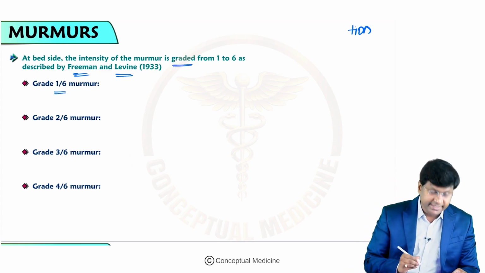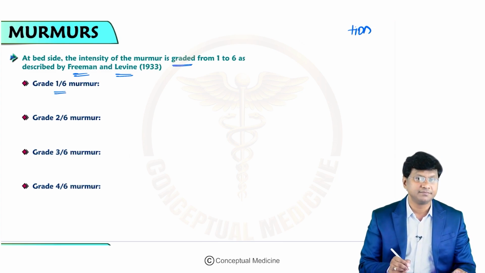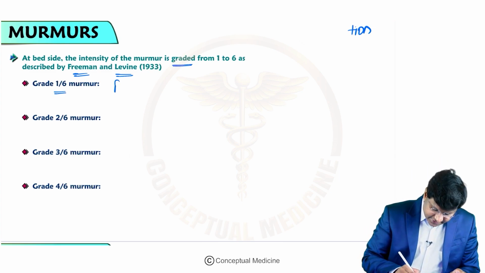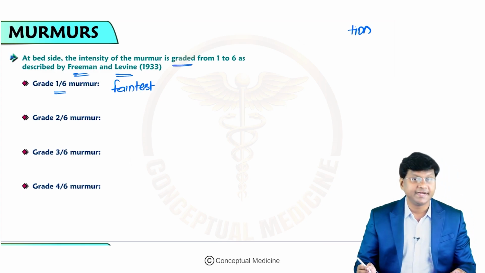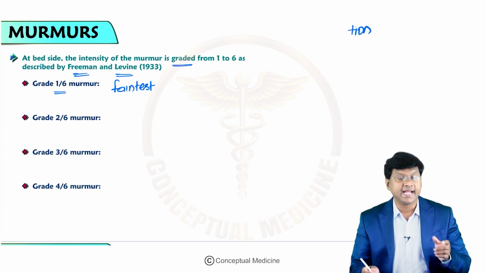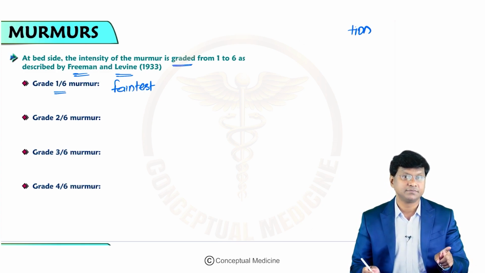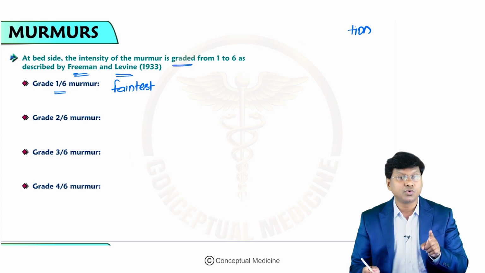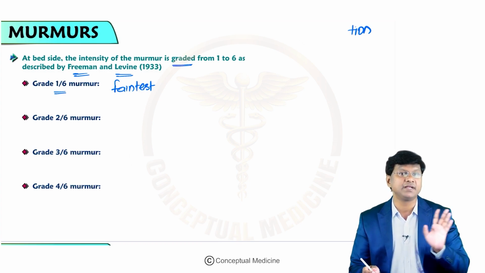So if you take grade 1/6 murmur, it is the faintest murmur, right? And that can be heard only with special effort and under optimal conditions.